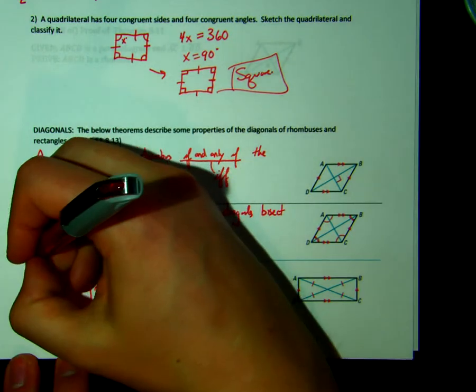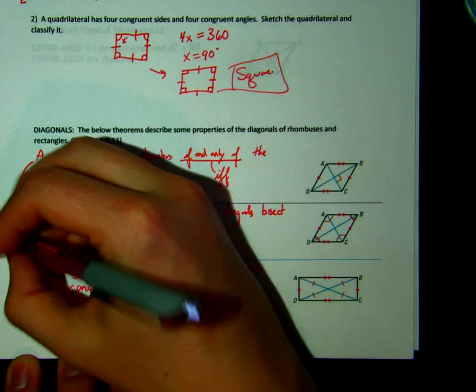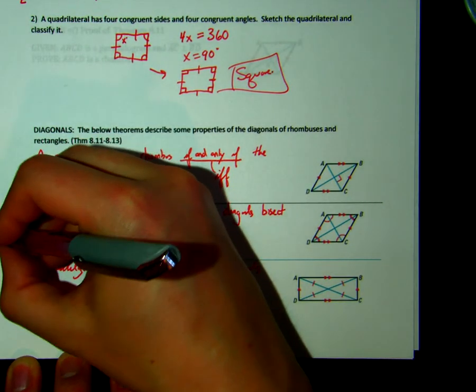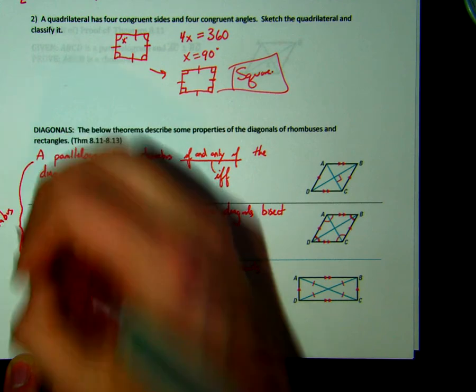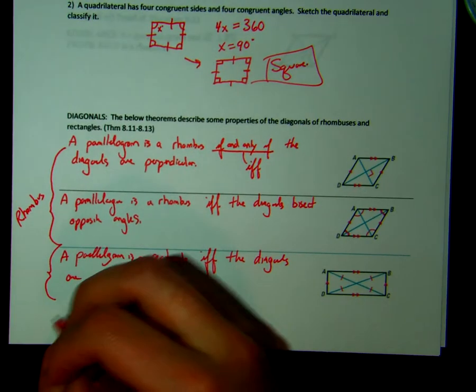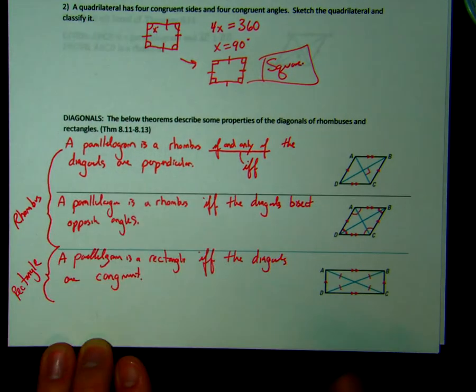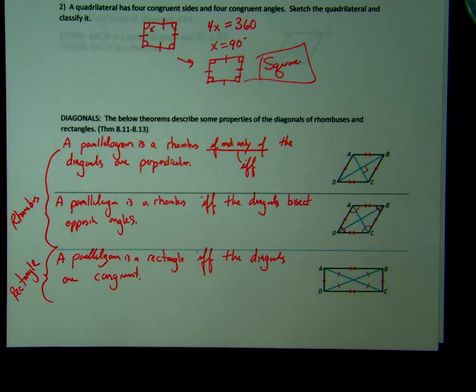So these two, I like to kind of try to separate these a little bit. These top two, again, these are properties for a rhombus. Okay, and just this bottom one here is an additional property, oh, we're off the screen there, for a rectangle. Okay.